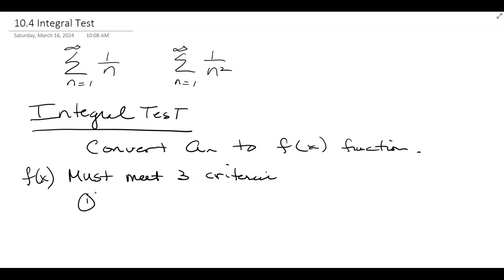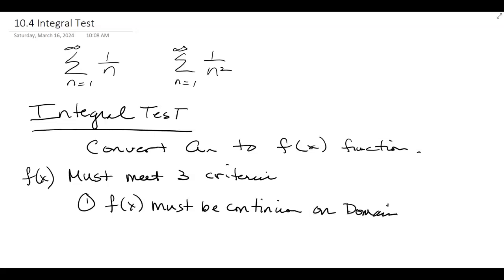So the first one is, well, it needs to be continuous on the domain. All right? On the, let's call this the restricted domain.